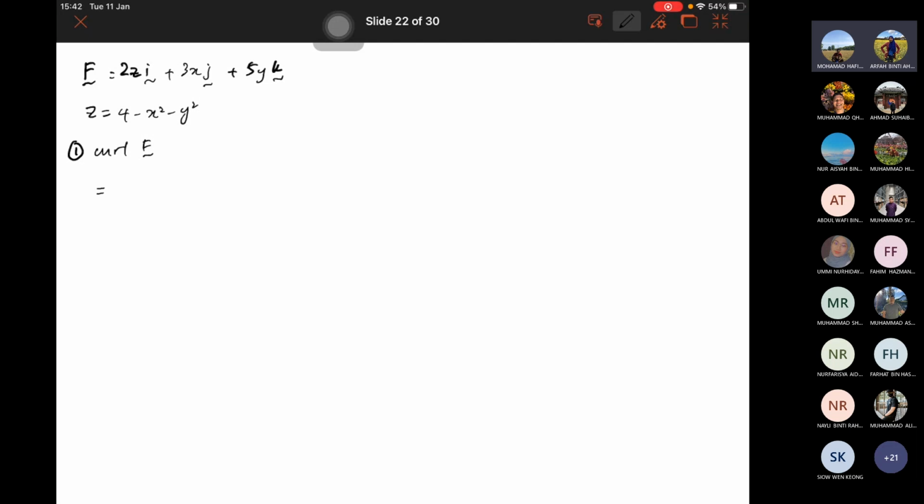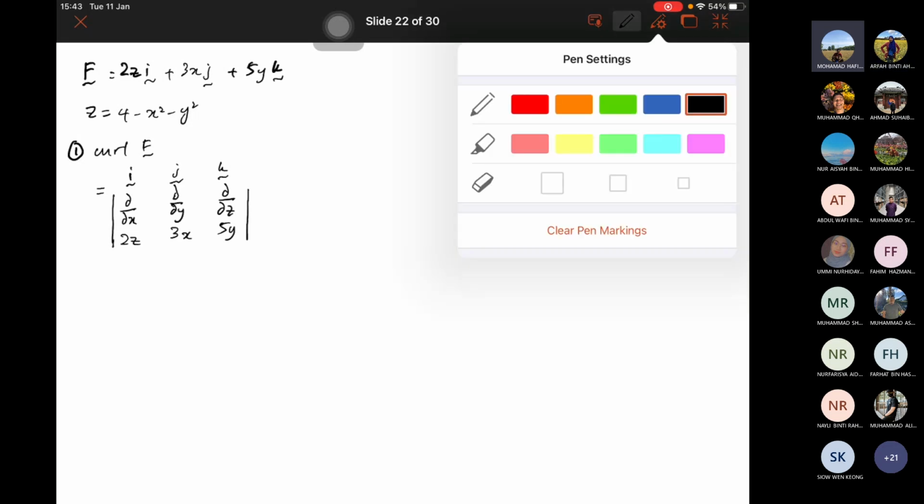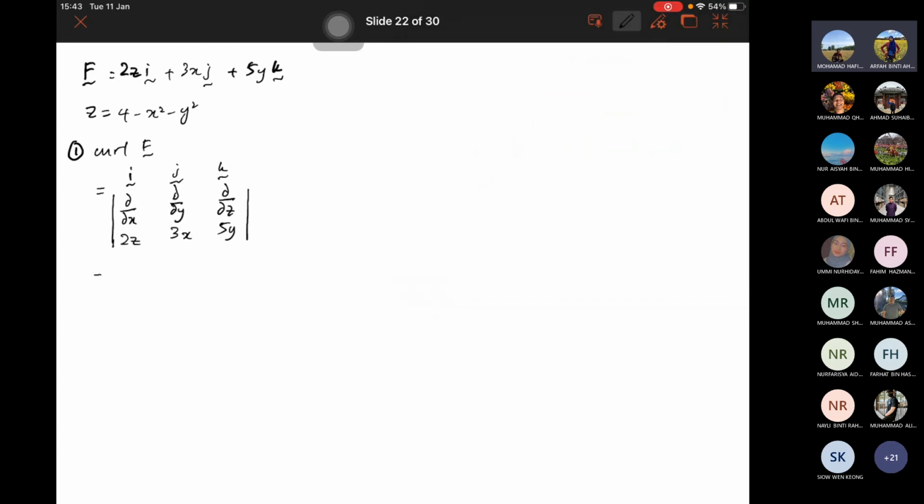That is equal to i, j and k, delta over delta x, delta over delta y, delta over delta z. So dia akan sama dengan this one is 2z, 3x and 5y. Okay, tutup satu persatu setiap kolom.